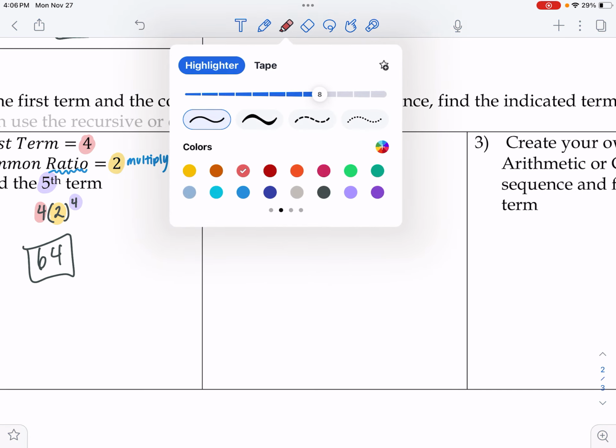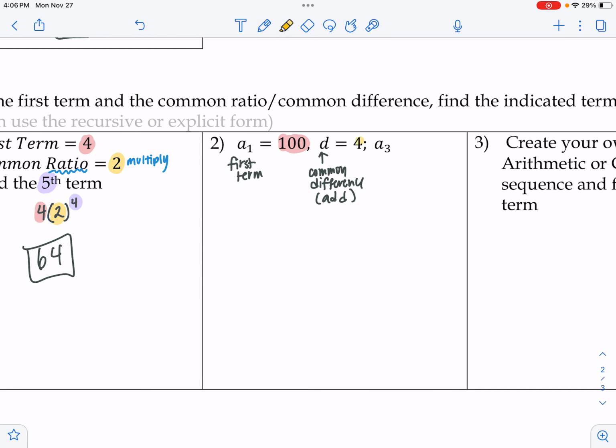Our common difference, which means add, is 4. And so we're going to start with the 100. We're going to add 4 to get to the third term. We're going to do it twice. You can do plus 4, just 4 times 2. And that would get you the 108. Oops. Common difference was 4. First term was 100. To get to the third term, we do it twice.